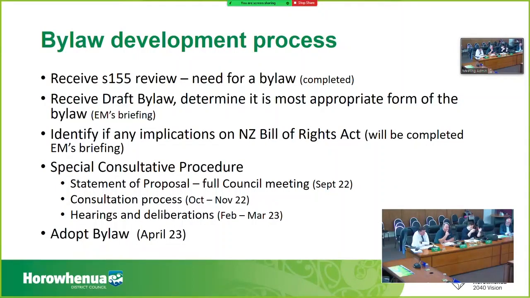So just testing, at the moment, if we're aware that a property has got a private system that doesn't work and they're introducing a whole lot of volume of stormwater into the system that they shouldn't be, how do we deal with that situation at the moment?